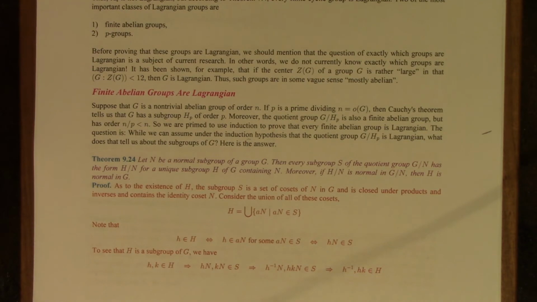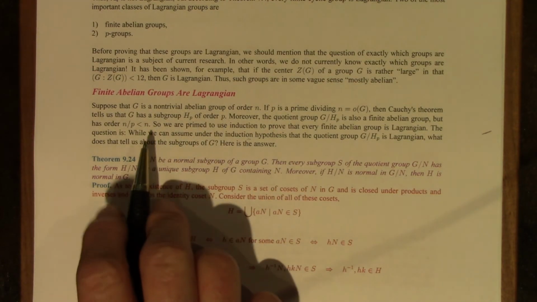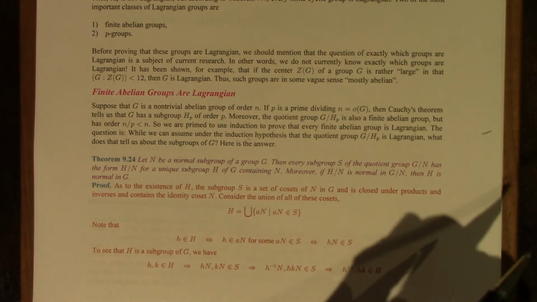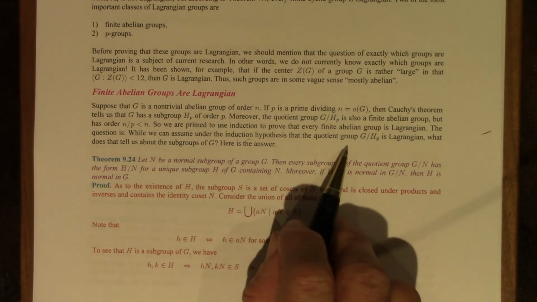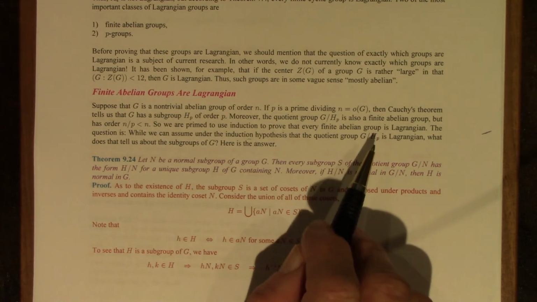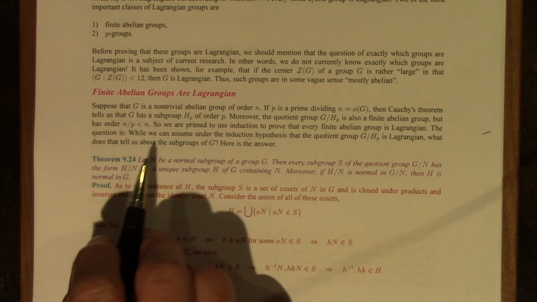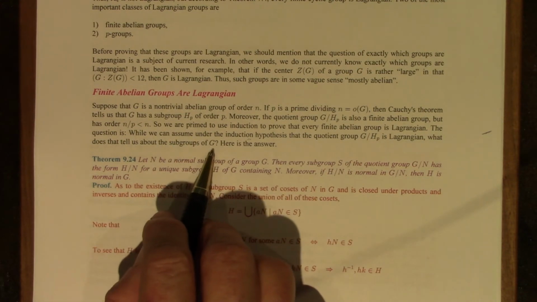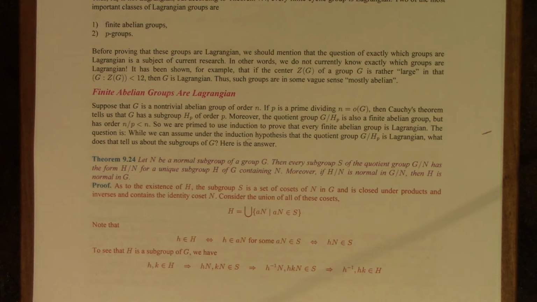But the question is, while we can assume under the inductive hypothesis that the quotient group is Lagrangian, how do we relate the subgroups of the quotient group to the subgroups of G? Because we're trying to show that G has subgroups of all possible orders. We know that the quotient group does, but how does that relate to the subgroups of G?